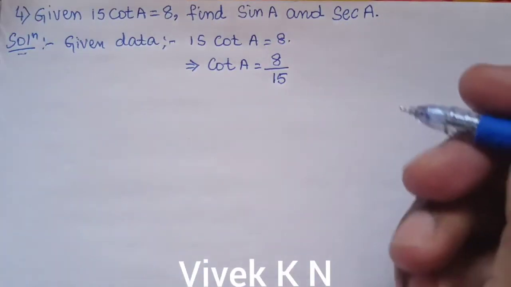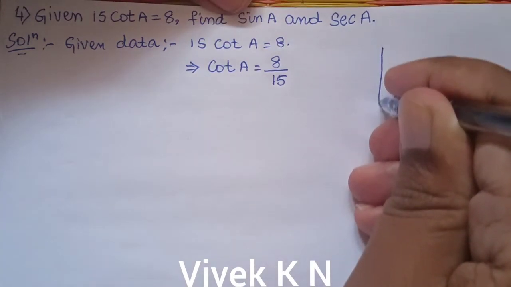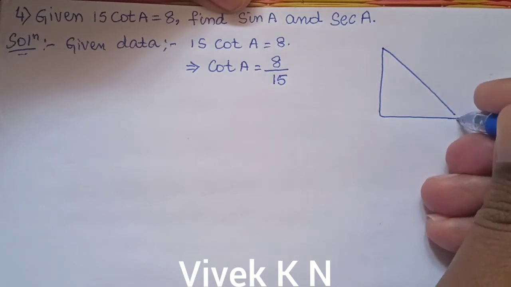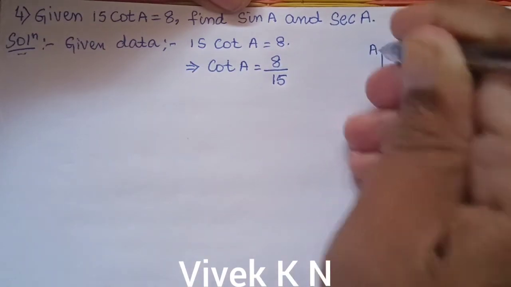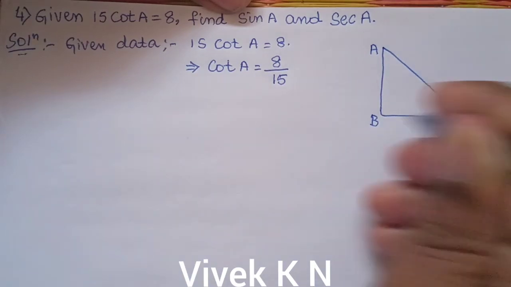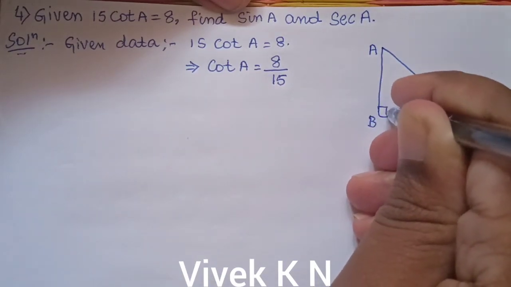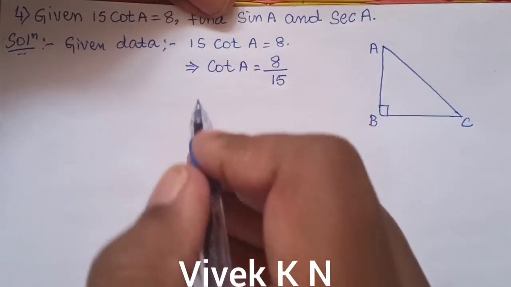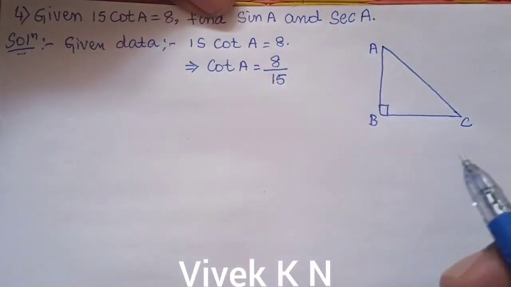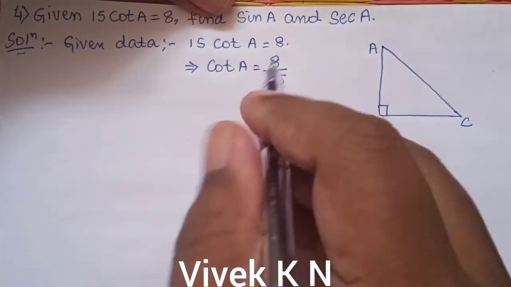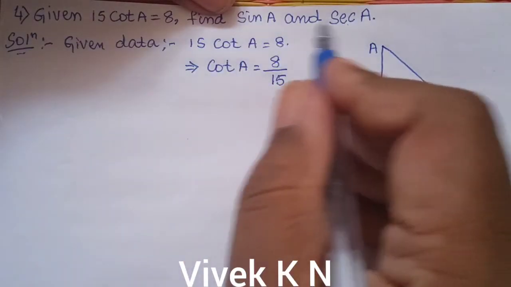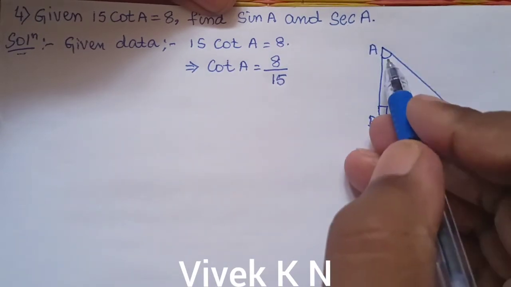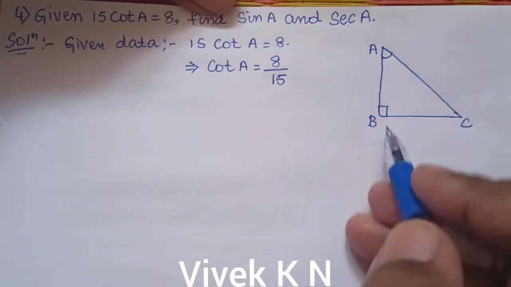Now let us draw the right angle triangle ABC, which is right angled at angle B. Here we have to find out the value of sin A and secant A with respect to angle A. So this is angle A. The side opposite to this angle A is BC.